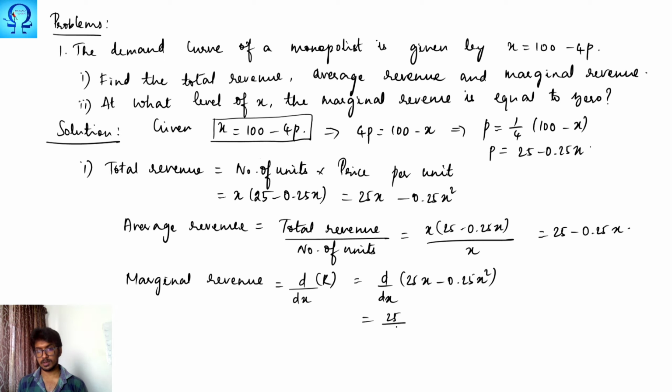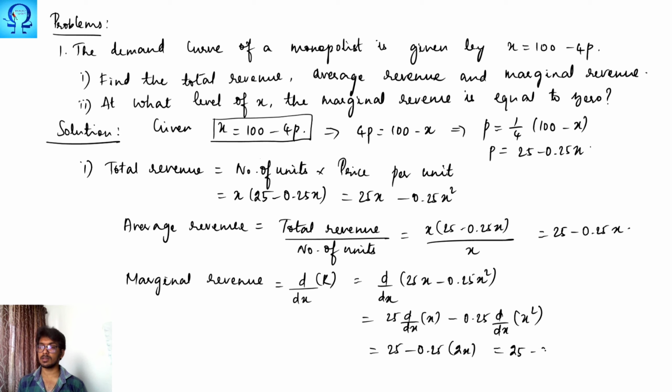This is 25 multiplied with the derivative of x, and minus 0.25 multiplied with the derivative of x squared. This is 25 simply, and 0.25 multiplied with 2x, that is 25 minus 0.5x. This is our marginal revenue.